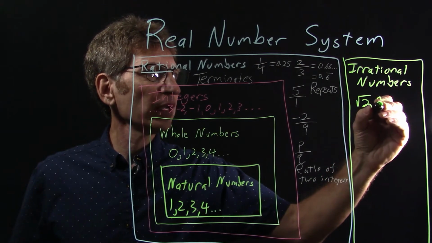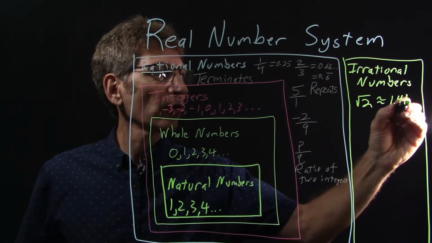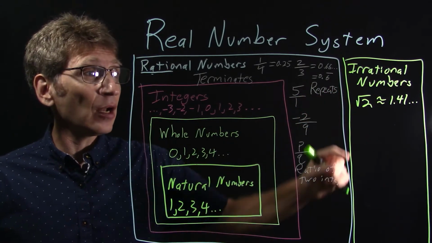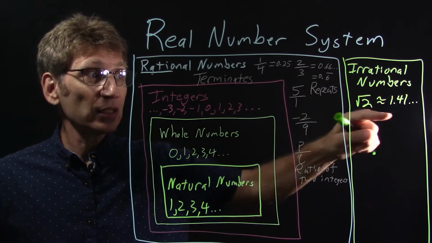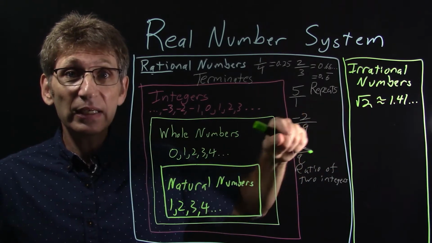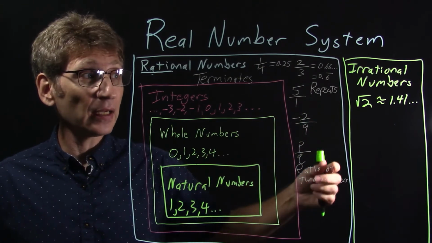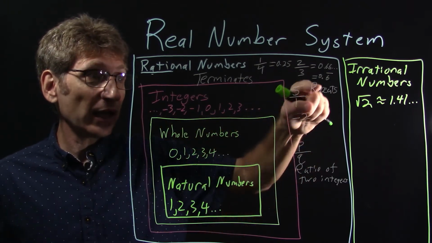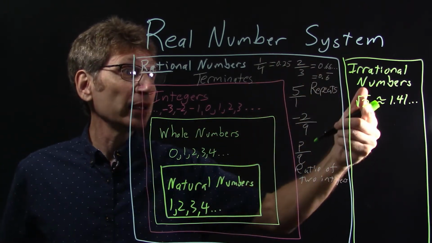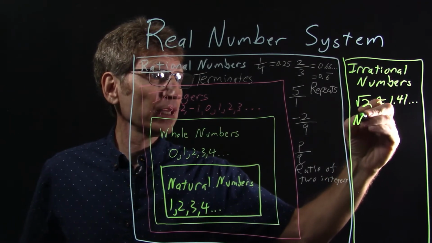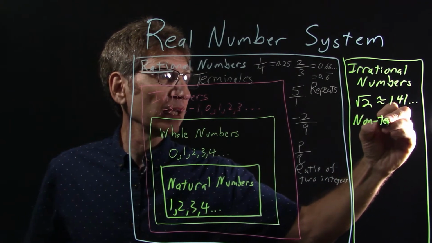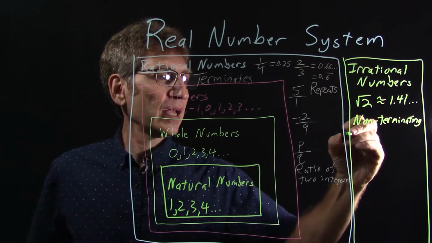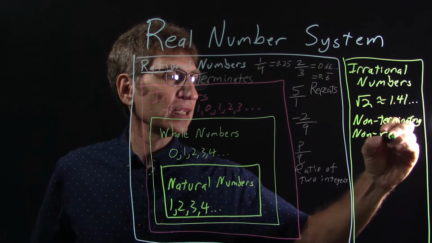We get a decimal approximation, 1.41... We can keep writing digits, but the interesting thing is we'll never write enough digits. This number, when written as a decimal, never terminates. It's non-terminating. Nor will we ever find a set of digits after that decimal that repeat, like that 0.6 repeating. An irrational number as a decimal is non-terminating, meaning it never ends, and it is non-repeating.